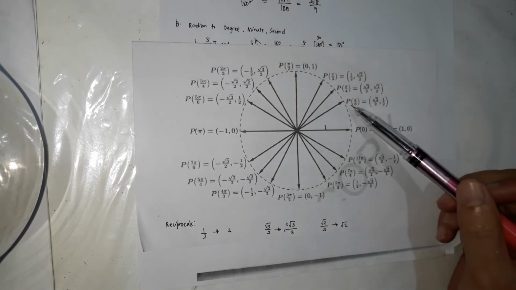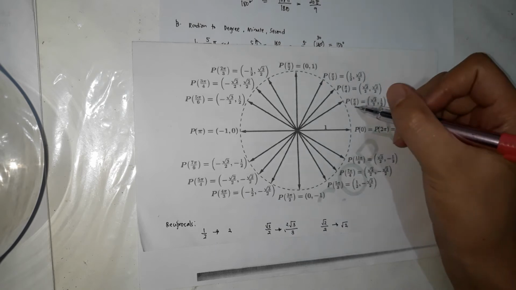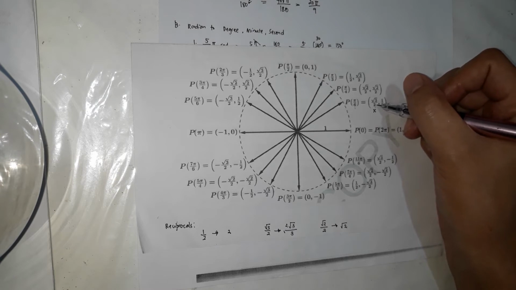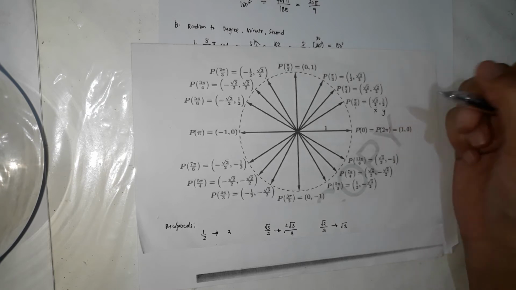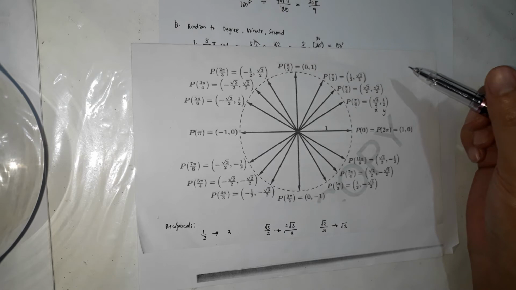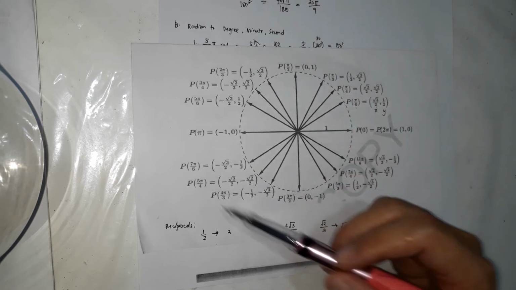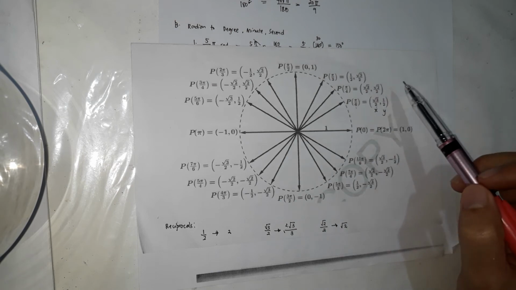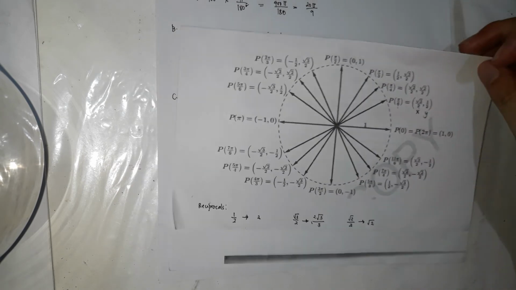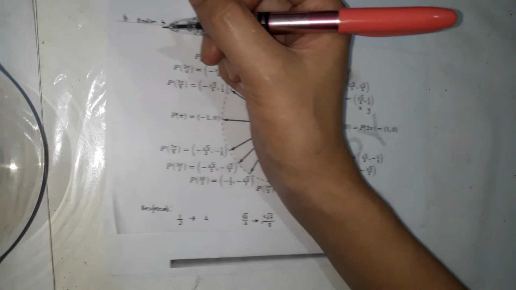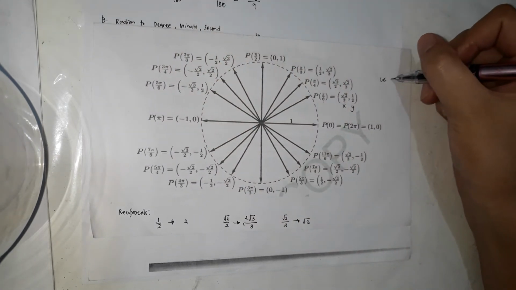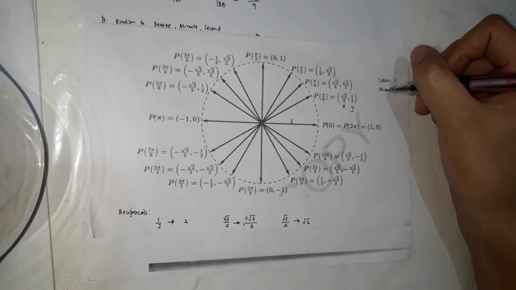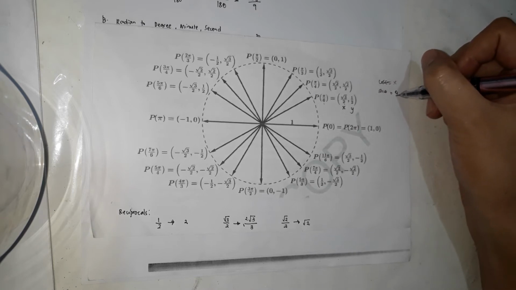If this is pi over 6, the value of x is the square root of 3 over 2, and y is 1/2. So you need a copy of this for you to answer. This is x and this is y. So the value of cosine theta is x, while sine theta is y.